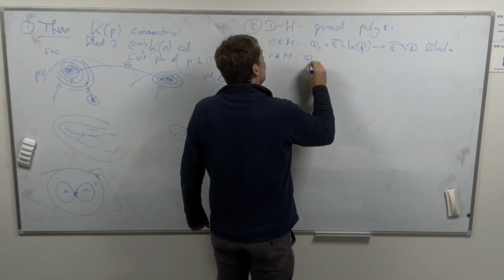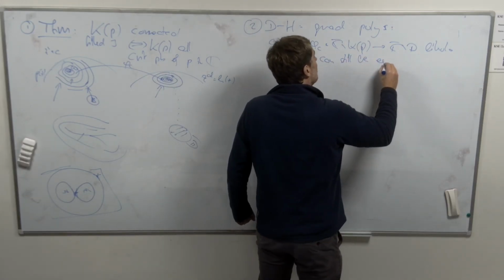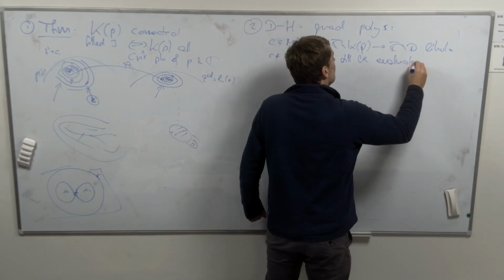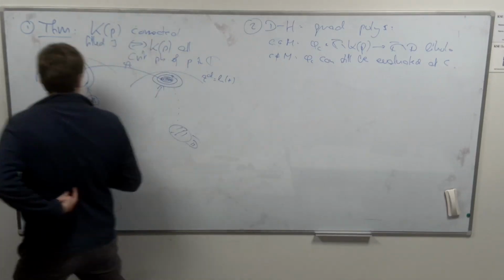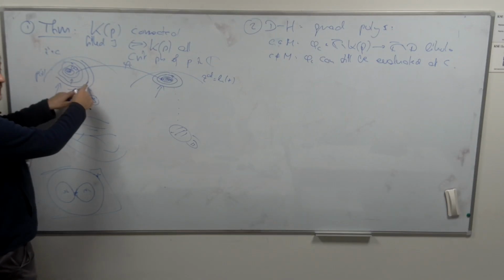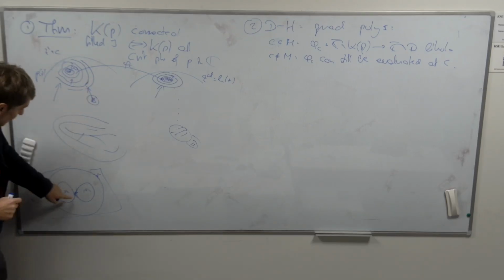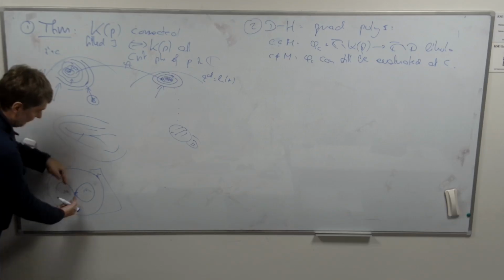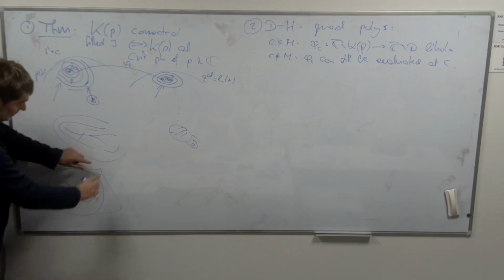Then phi c can still be evaluated at the critical value. You see, the problem arises when we try to take a pre-image of the critical value. At the critical point, you have two values from different sides, but at the critical value, you still have nice circles.